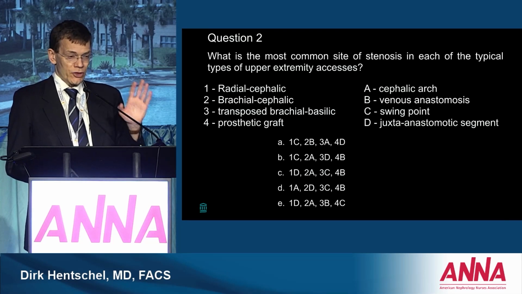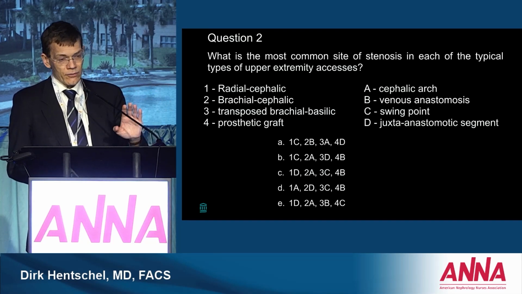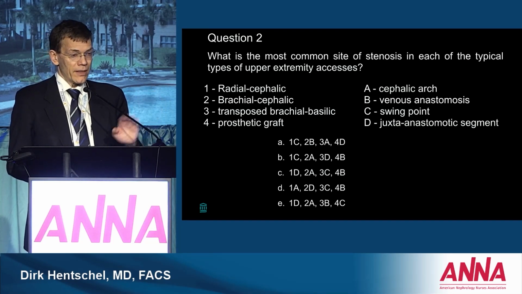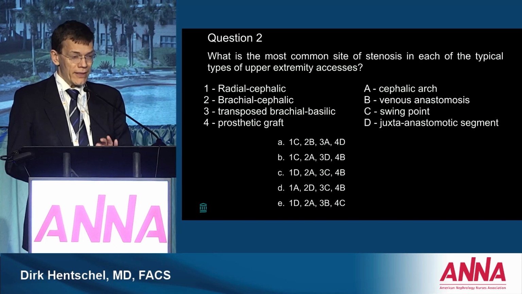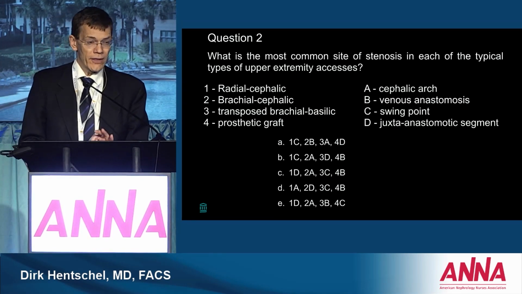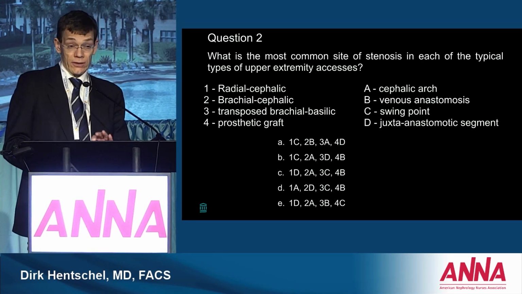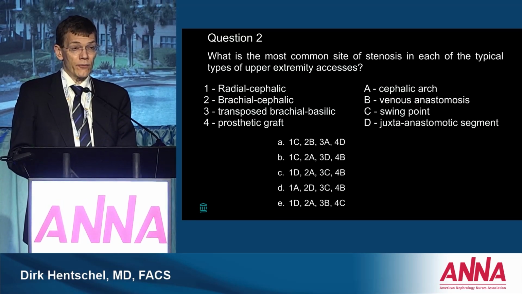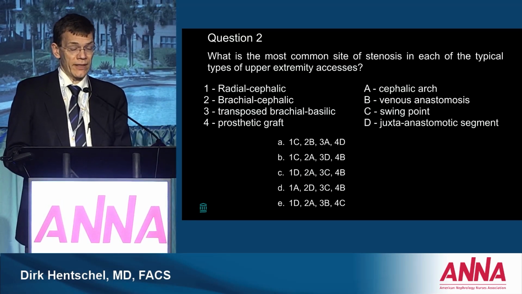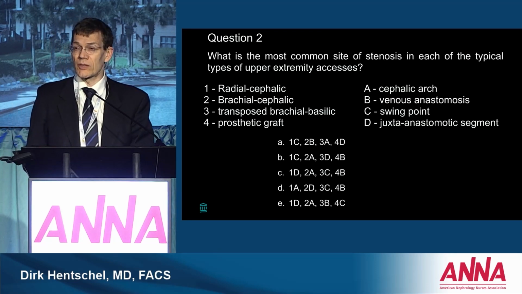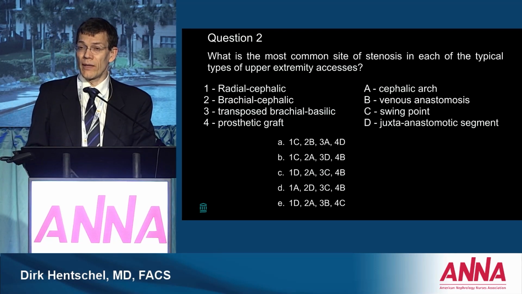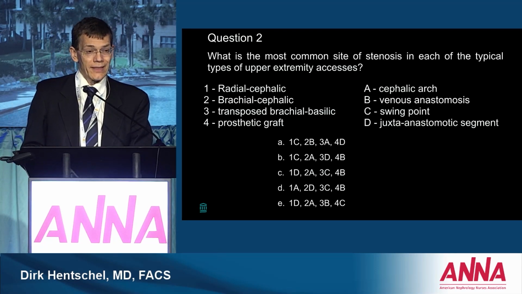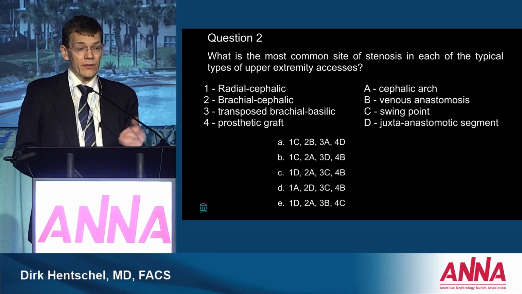If you just think in your head, radiocephalic, what kind of stenosis is that? And the right combinations here are radiocephalic has a juxtaanastomotic stenosis, often at the inflow, because the flow is relatively low. Brachiocephalic, we talked about the cephalic arch. If you transpose the basilic vein, then you get a swing point stenosis, and that's the typical point there.